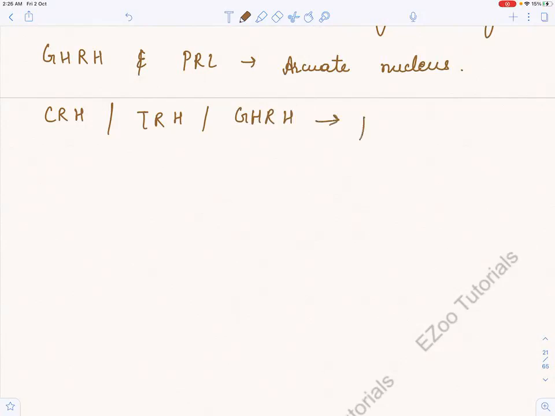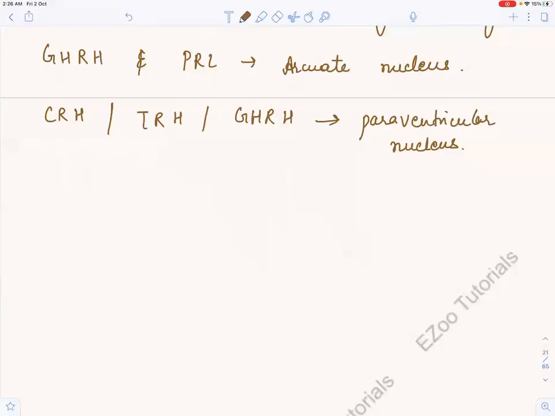They are secreted by the paraventricular nucleus. You can see this if you have forgotten what the paraventricular and arcuate nucleus are, right? Now, let us see other hormones.